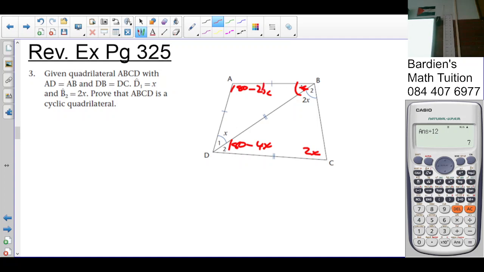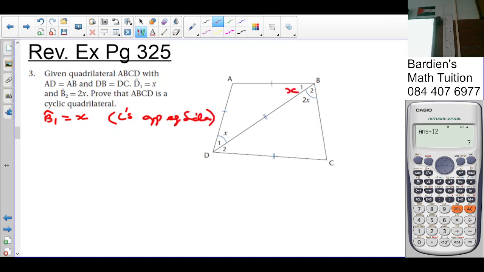And there we go. Opposite angles are supplementary. Can you see that? But how do we lay that out? Okay, so we firstly say that B1 is equal to x. Why? Angles opposite equal sides.